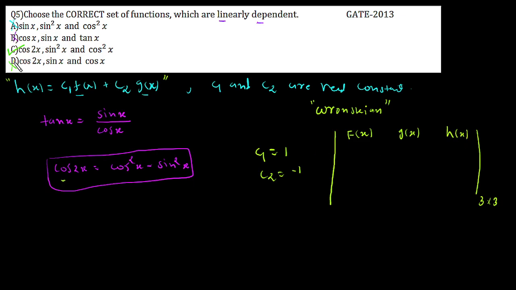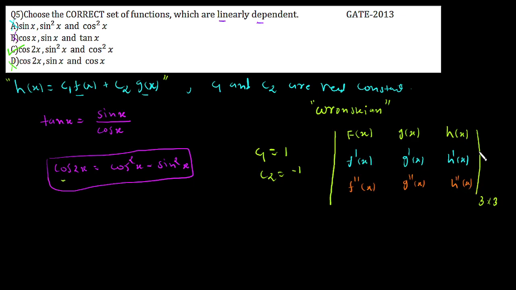In the next row, I just differentiate these functions once with respect to x, so I denote them as f dash of x, g dash of x and h dash of x. Now in the last row, I further differentiate these functions, so I get the second derivatives: f double prime x, g double prime x and h double prime x.